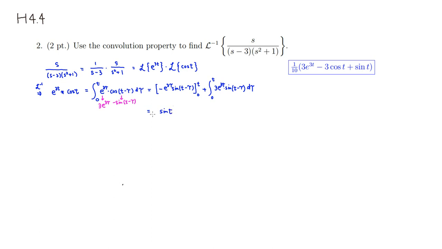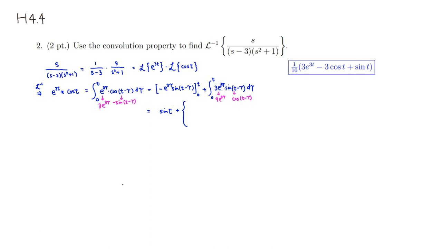Unfortunately, we're going to have to use integration by parts one more time. I'm going to take the derivative of this, you have a 9 e to the 3 tau. The antiderivative of this is negative cosine of t minus tau, but divided by negative, so it's actually positive.